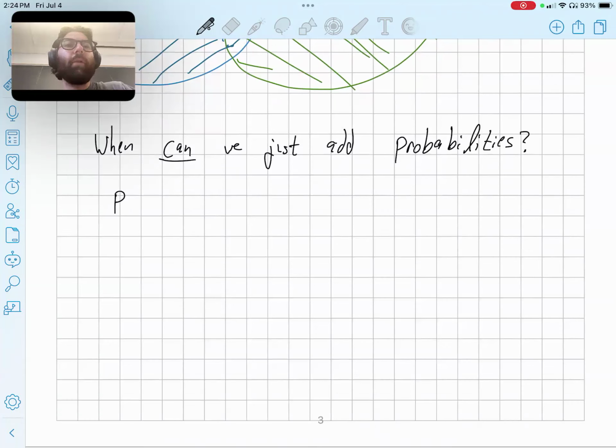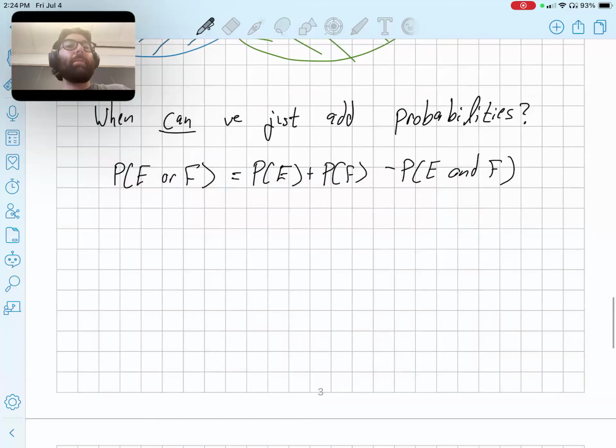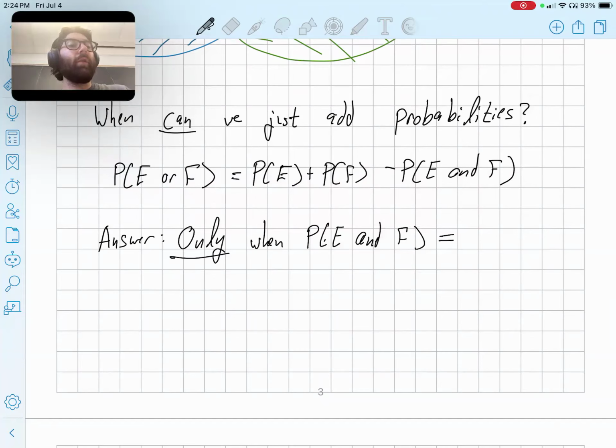If we look at this rule, P of E or F is equal to P of E plus P of F minus P of E and F. And so if this guy is 0, then we have our equality, P of E or F equals P of E plus P of F. And so when can we add probabilities? Answer, only when P of E and F equals 0.